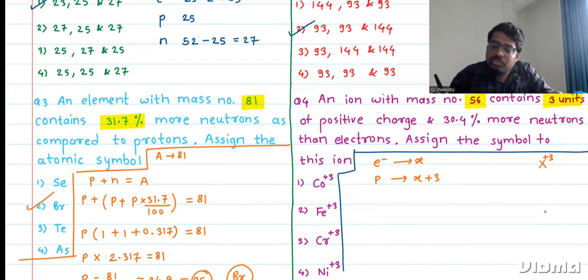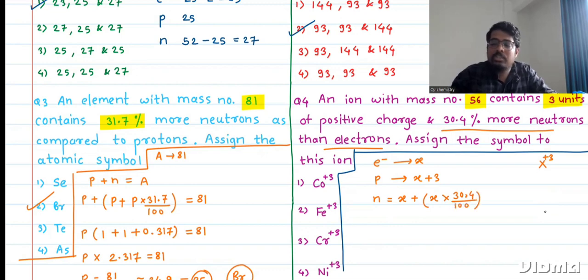Now the number of neutrons is 30.4% more than electrons, so the number of neutrons is equal to x plus x into 30.4%, which is 1.304x.